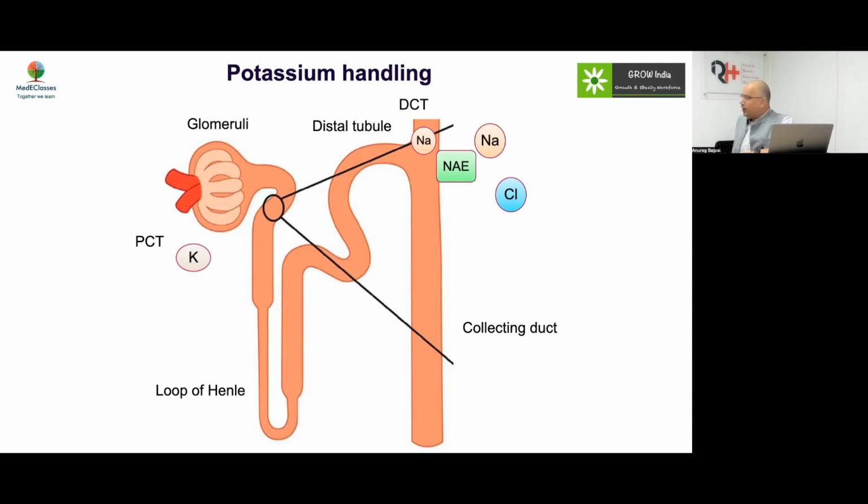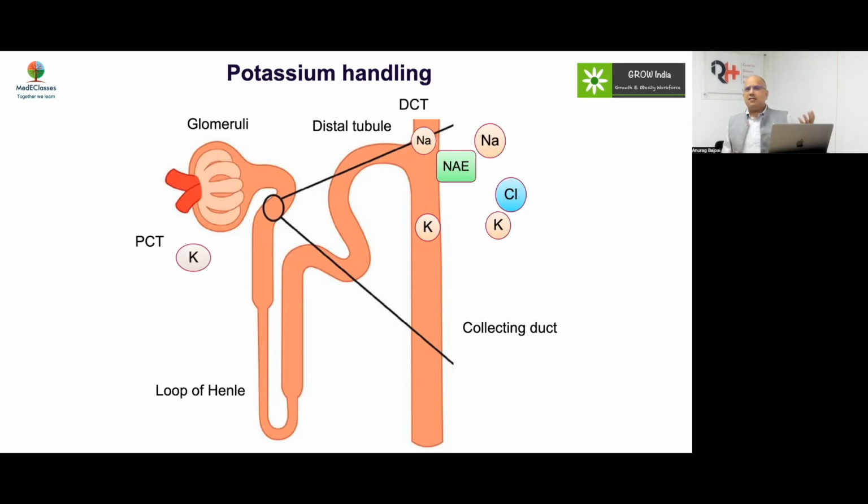So therefore, you will have a negative environment here. So now you have an electrochemical gradient for potassium. So potassium can now enter into the lumen. So effectively, what you're doing here is that you are exchanging sodium for potassium. So any condition where your sodium delivery in the distal tubule is more, you will lose potassium and you will have hypokalemia.